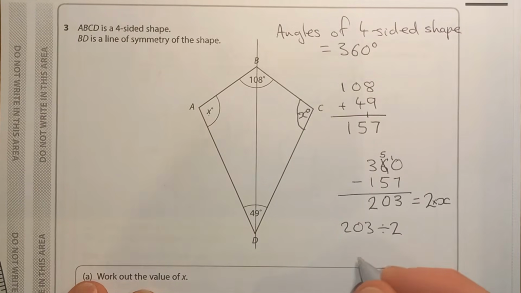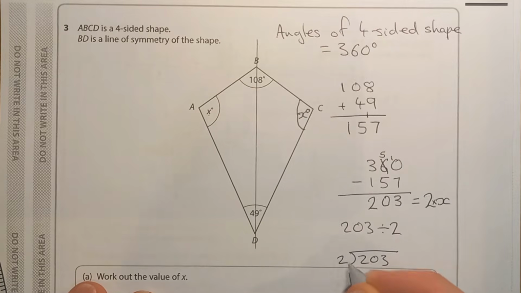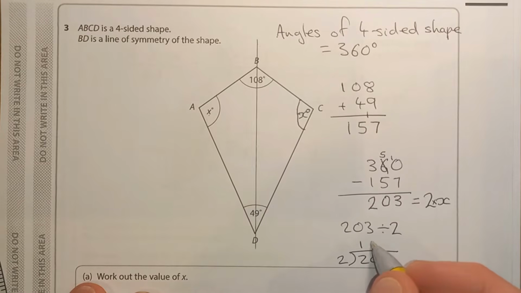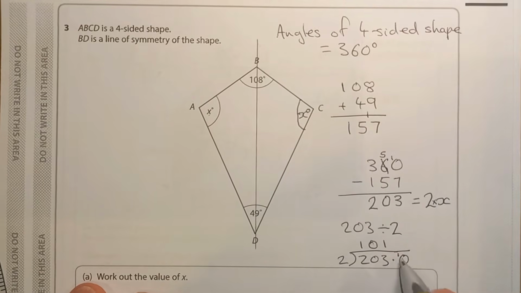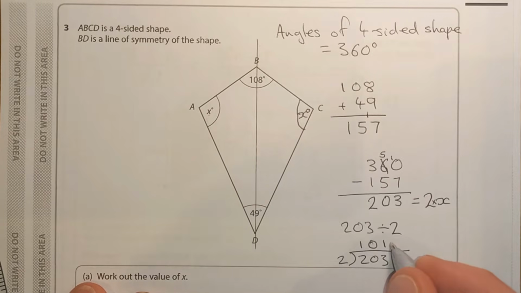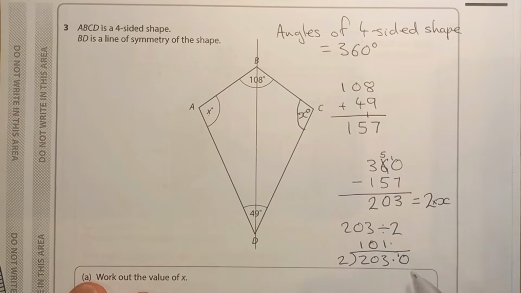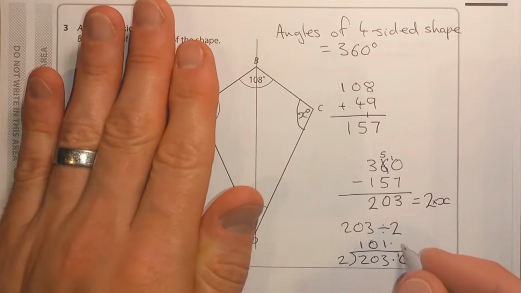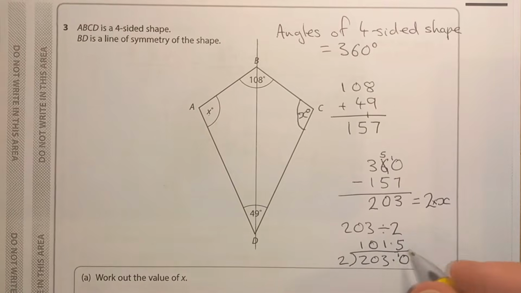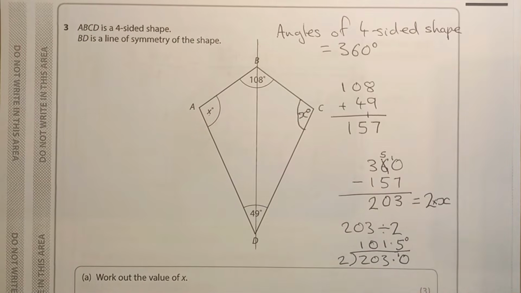Okay, so we're going to do the bus stop method. 2 into 2 goes once. 2 into 0 doesn't go. 2 into 3 goes once with 1 remainder. So I'll put a point 0, so I've got somewhere to put my remainder. Put the decimal point up here. How many times does 2 go into 10? 2, 4, 6, 8, 10. That's 5 times. So we've got an answer of 101.5 degrees.